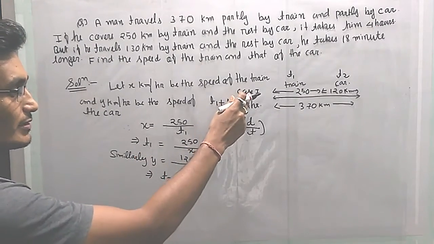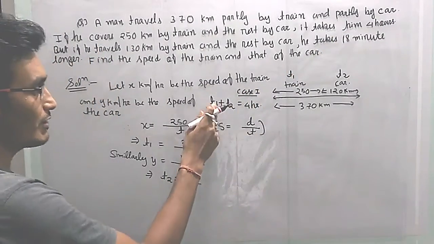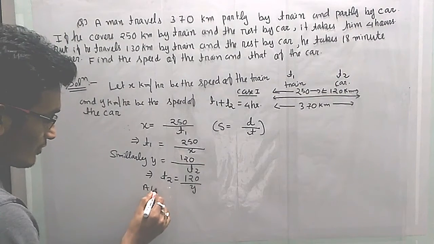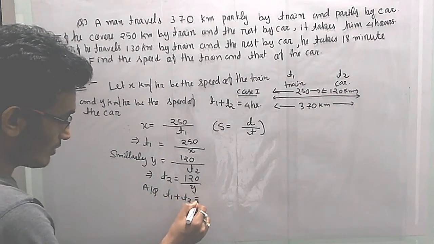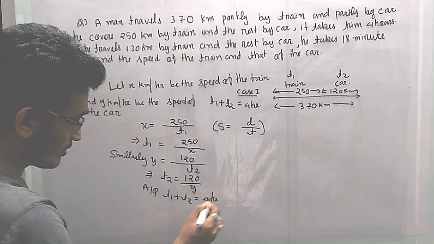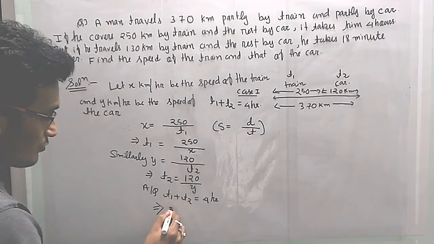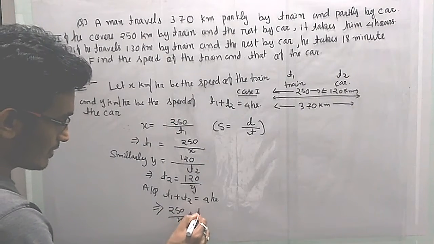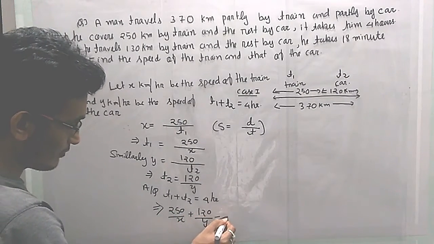We have already discussed the total time taken is 4 hours. That means T1 plus T2 equals 4 hours. According to the question, T1 plus T2 equals 4 hours.